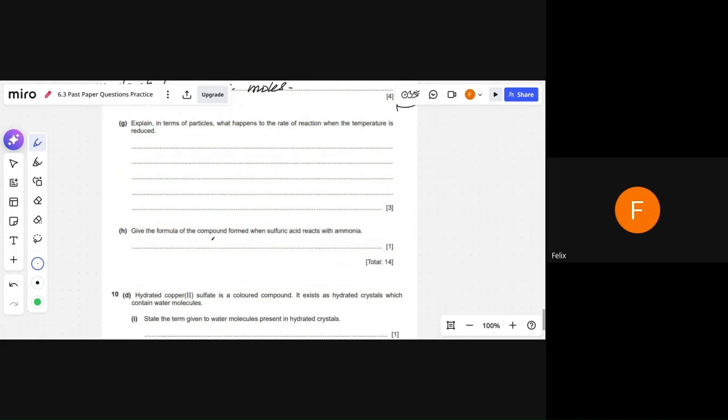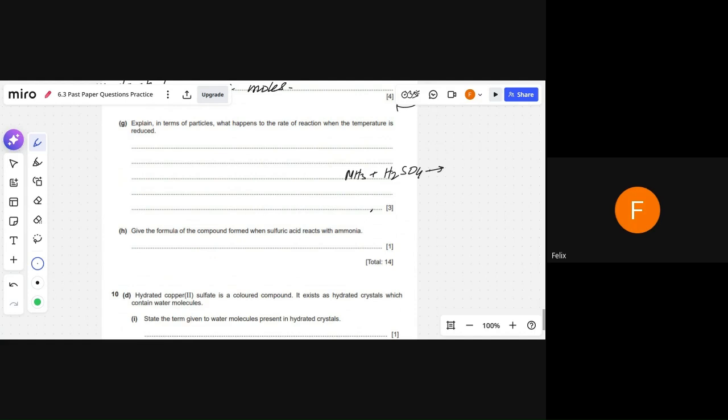Give the formula of the compound formed when sulfuric acid reacts with ammonia. Let me just write the equation: NH3 plus H2SO4. They make ammonium sulfate, right? This is basically an acid-base reaction.